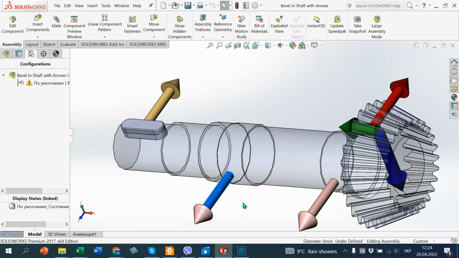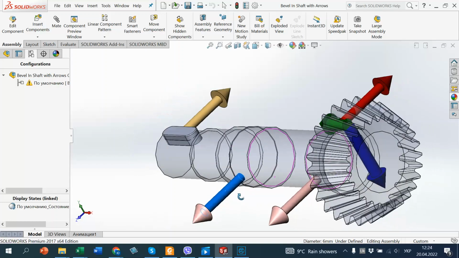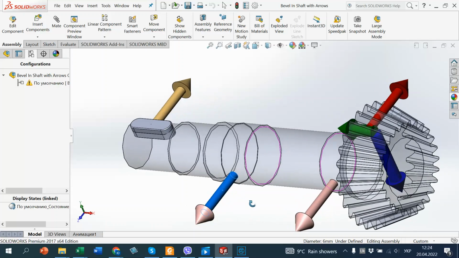You should know from our course that in a bevel gear transfer we have three forces in contact. Red is tangential force, blue is radial, and green is axial.